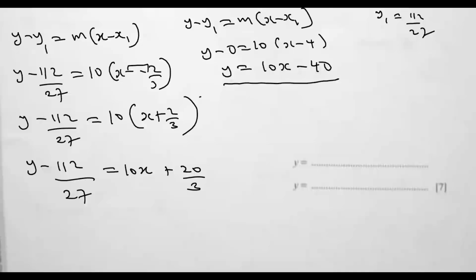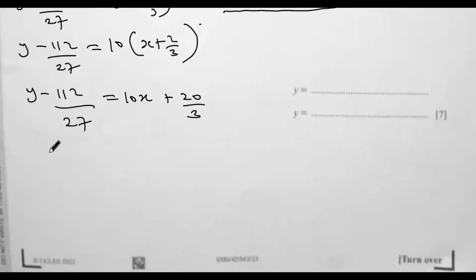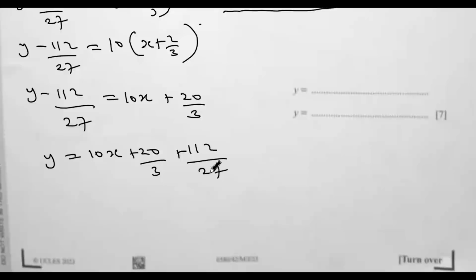So we can now rearrange properly. So that will be y equals 10x plus 20 over 3, then plus 112 over 27.